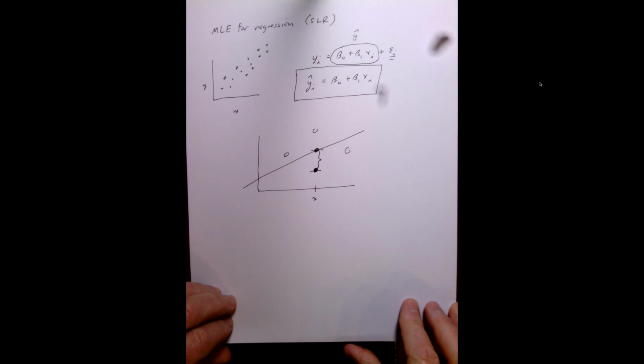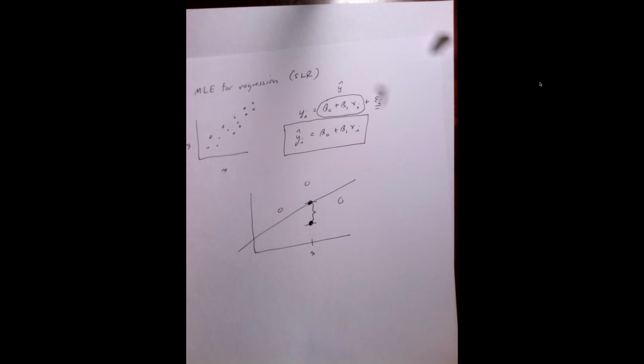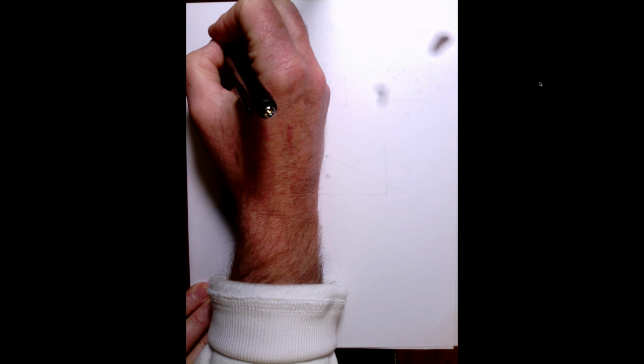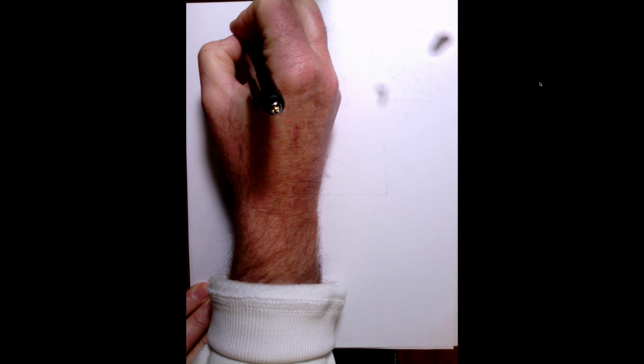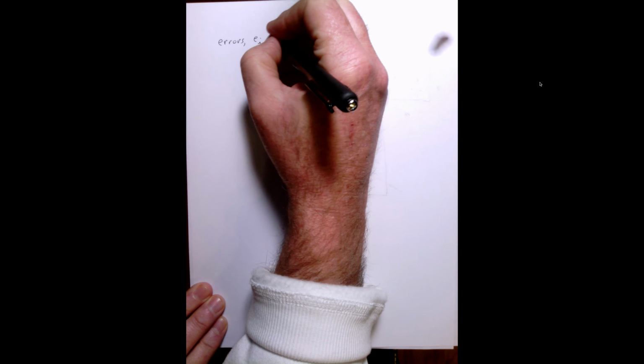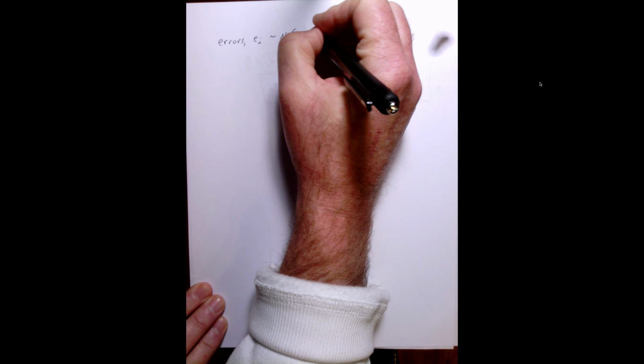All right, I want to start with a new sheet of paper because I'm going to have a lot of stuff going on here. So let's just start bare bones and let's talk about some assumptions. First of all, the errors, which are the e sub i's, we assume to be normally distributed with mean zero and constant variance. Now, what does that tell us?